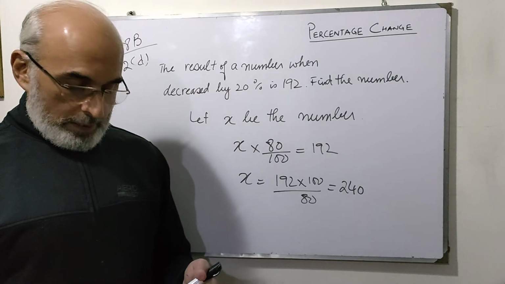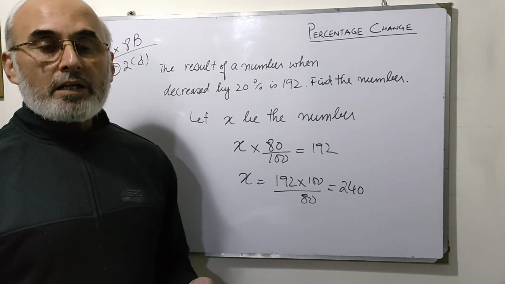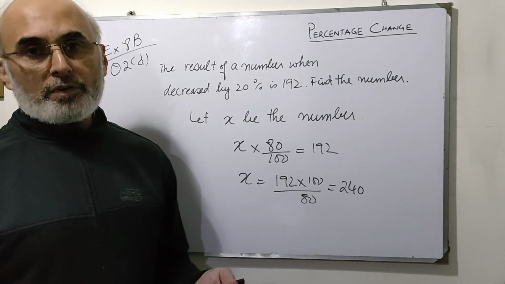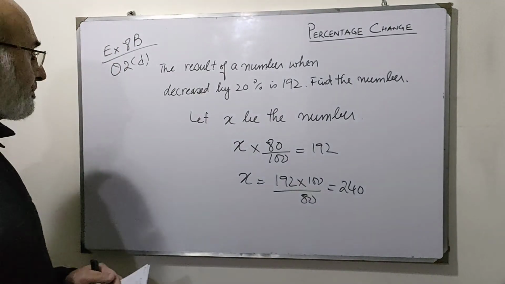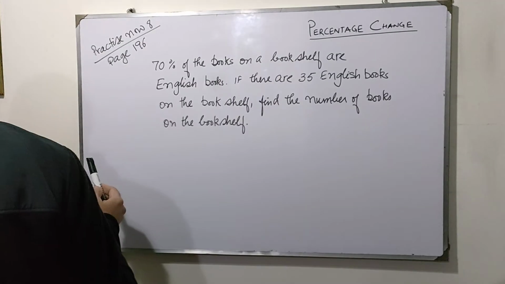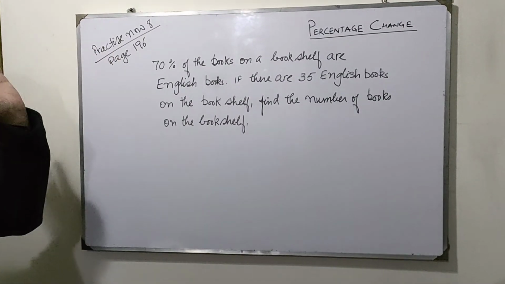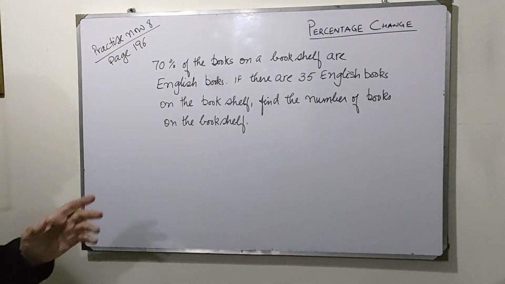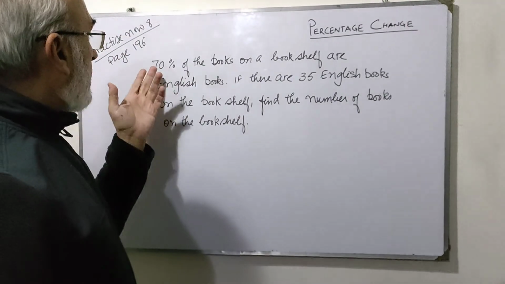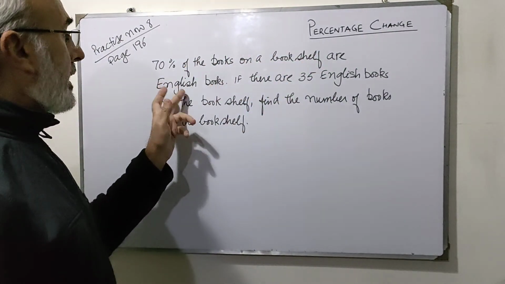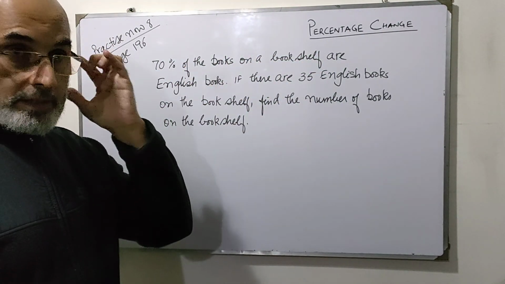Now, let's do practice now 8 and see how to solve it. Okay, now we are going to solve practice now 8, page 196, and it says 70% of the books on a bookshelf are English books. Okay, this is one thing.